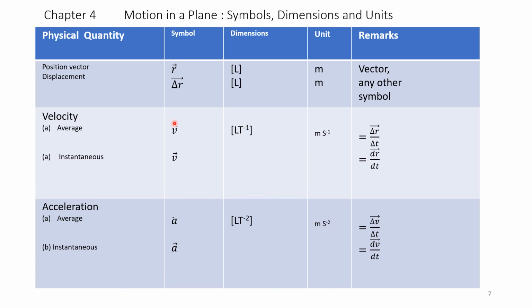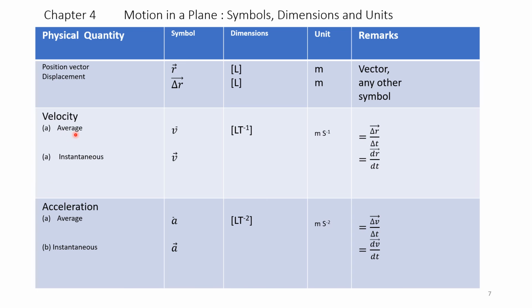So now we will again briefly summarize motion in a plane: symbols, dimensions and units. Position vector is r, its dimension is L, and its unit is meter. It is a vector. Displacement is delta r, that is, the change in position, its dimension is L and unit is meter.